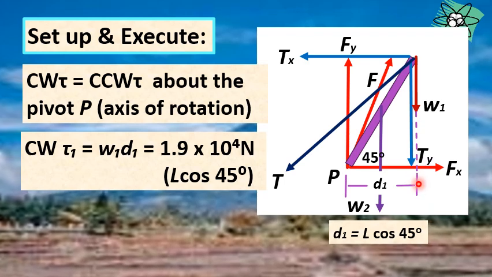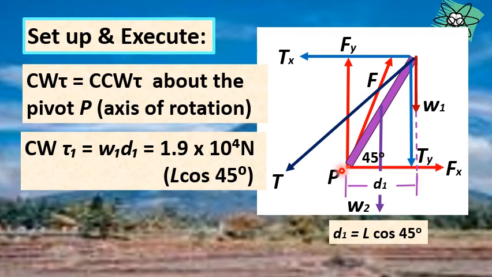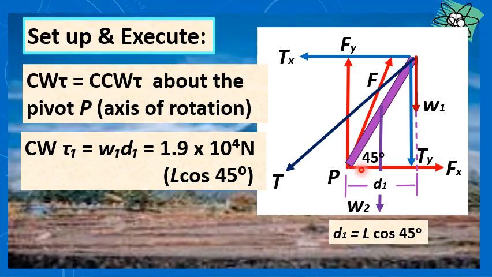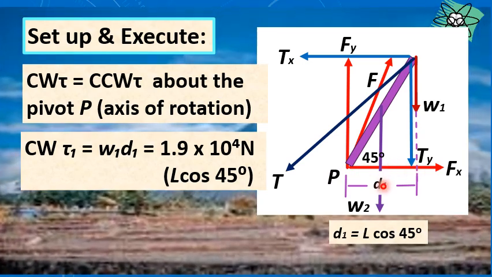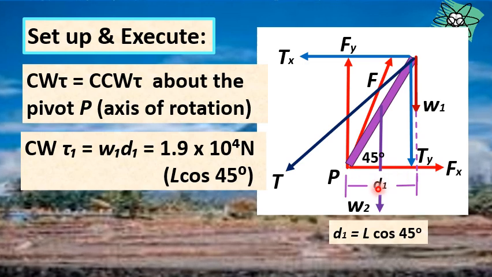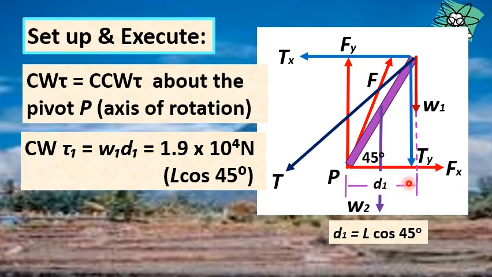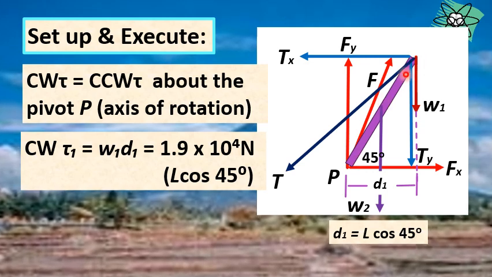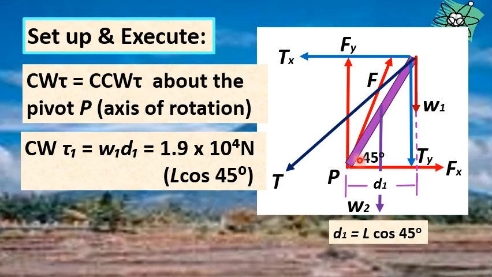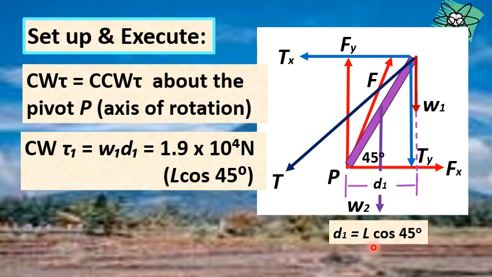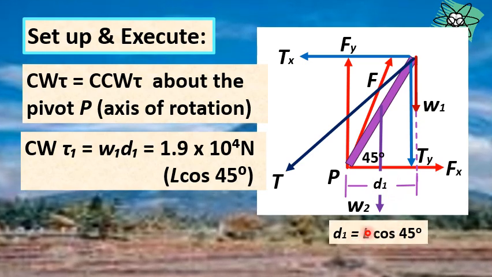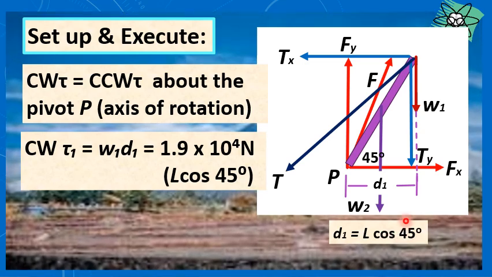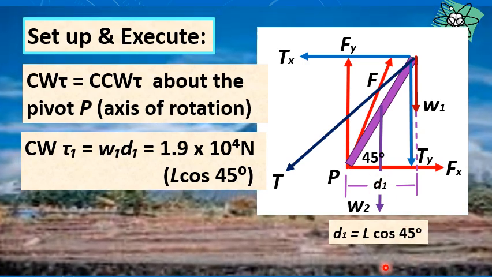How far it is from the axis of rotation at point P, that is what we mean by the moment arm labeled as d sub 1. So in terms of the length of the strut, capital L, we can express d1 as the product of the length L and the cosine of the angle 45 degrees.